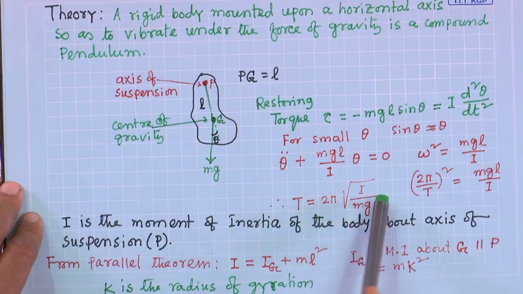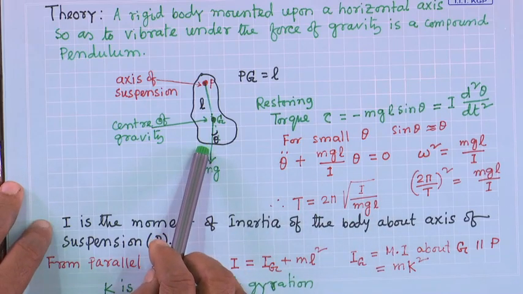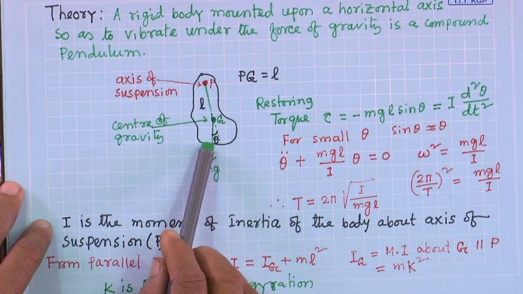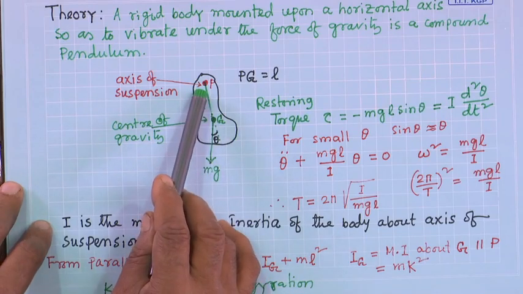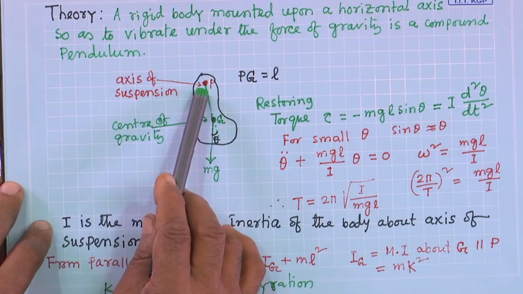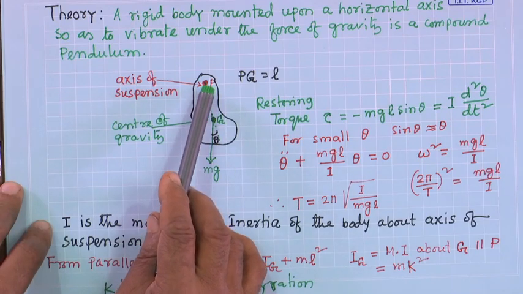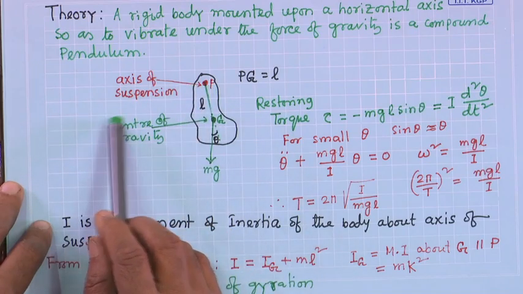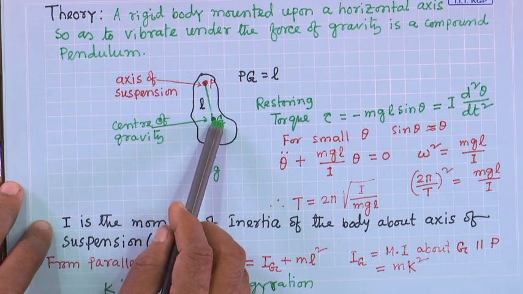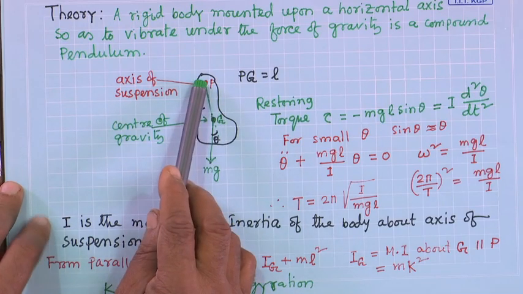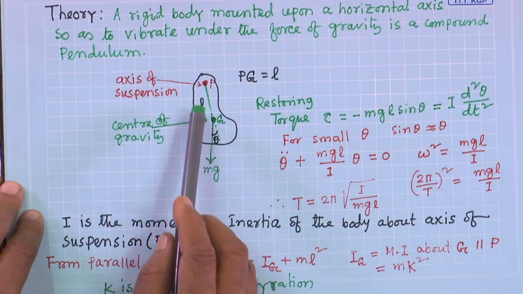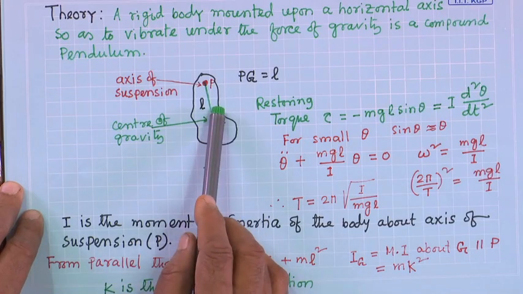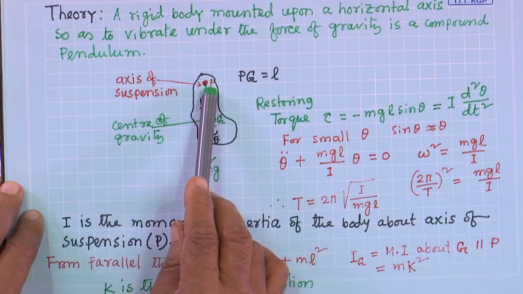So, this is the time period of this compound pendulum when it is oscillating with respect to the horizontal axis passing through point P. This is the axis of the point of suspension, and the distance between the point of suspension and the center of gravity is l, and I is the moment of inertia of this body with respect to the axis passing through the point P.